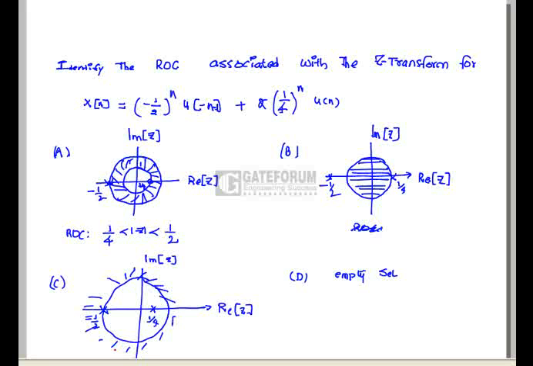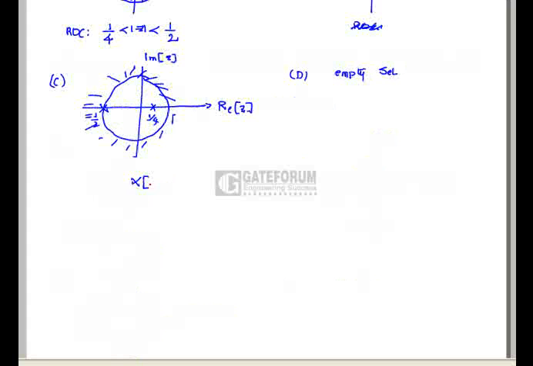Here, see, x of n we can write as sum of two signals, which is x1 of n plus x2 of n. Whereas x1 of n is left-sided signal, whereas x2 of n is the right-sided signal.